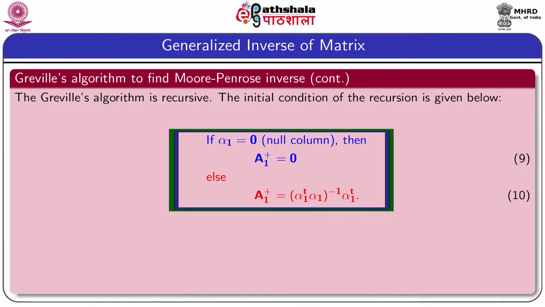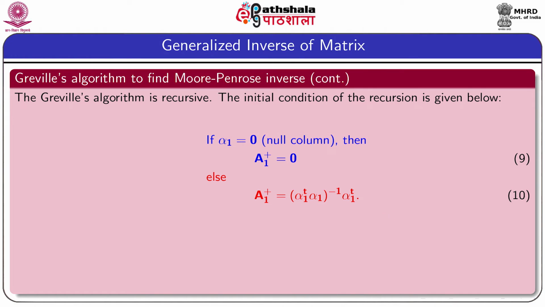A1 is the submatrix obtained from the matrix A by considering only the first column. Otherwise, A1 plus equal to alpha 1 transpose into alpha 1, whole inverse, into alpha 1 transpose. So, this is the initial condition for Greville's algorithm to find the inverse of the matrix A.